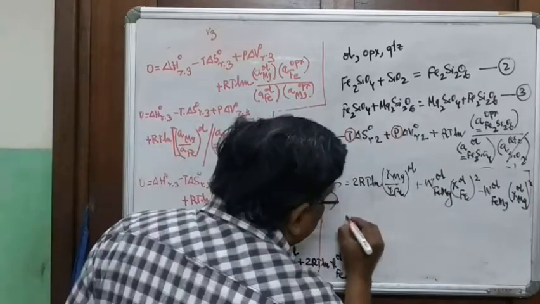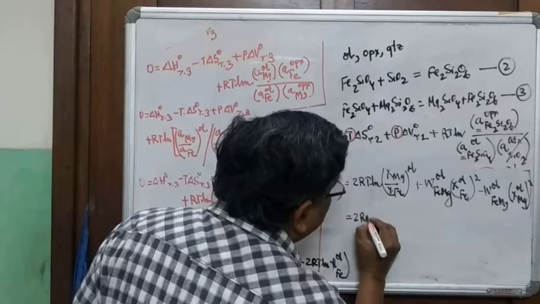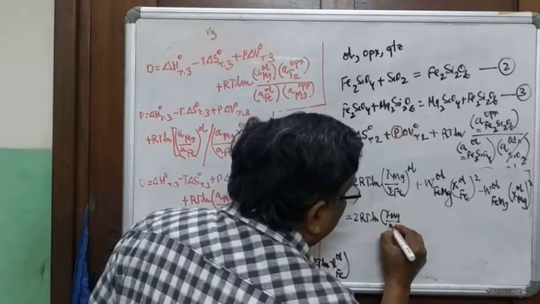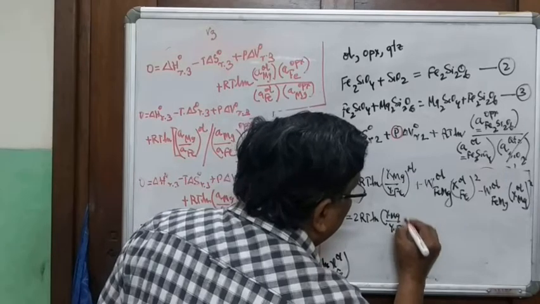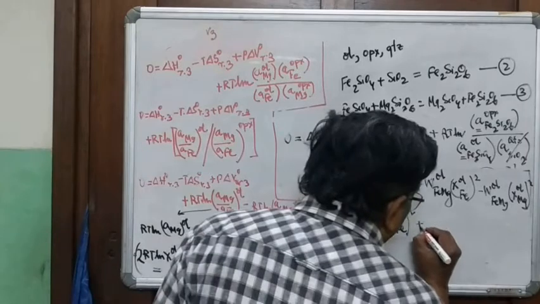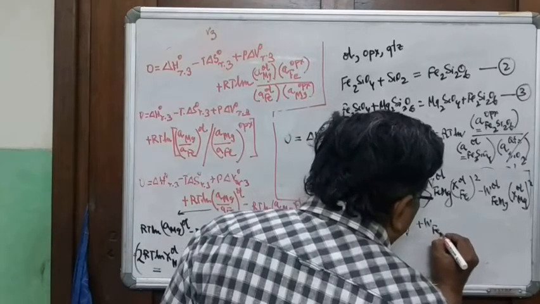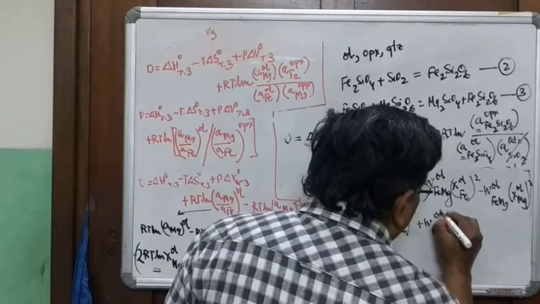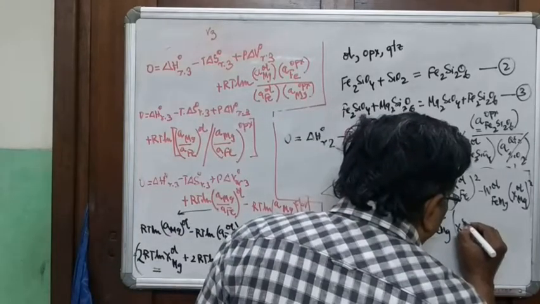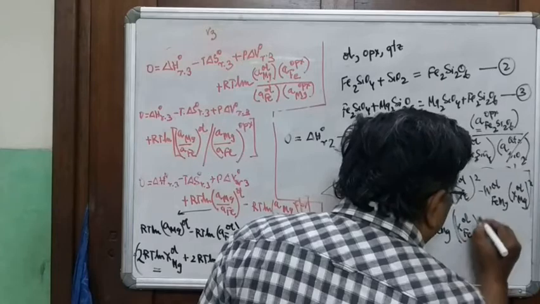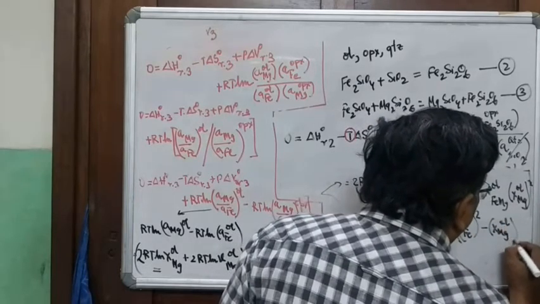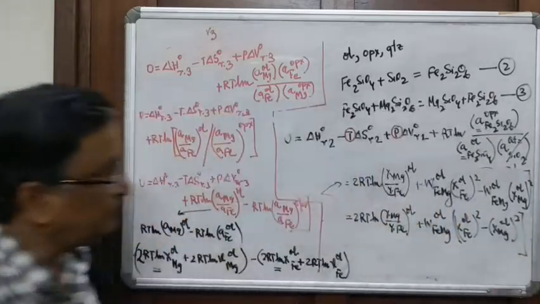So if you do this, then it will be 2RT ln XMg by XFe olivine plus W FeMg olivine into XFe olivine squared minus XMg olivine squared. Yes or no?